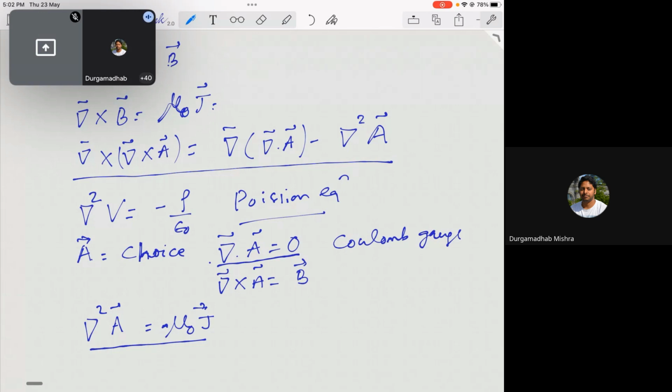Just to add on this magnetic monopole thing, this is very interesting.